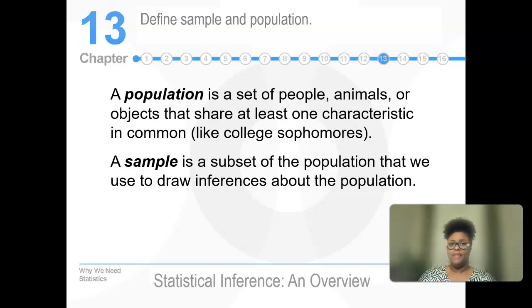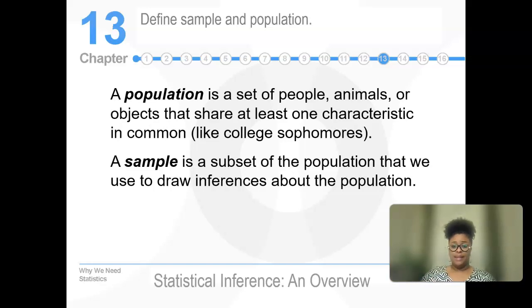For an example, if I'm doing a study on freshman students at an HBCU, then I would pull out of 100 students, I might pull in maybe 50 students to represent the 100.